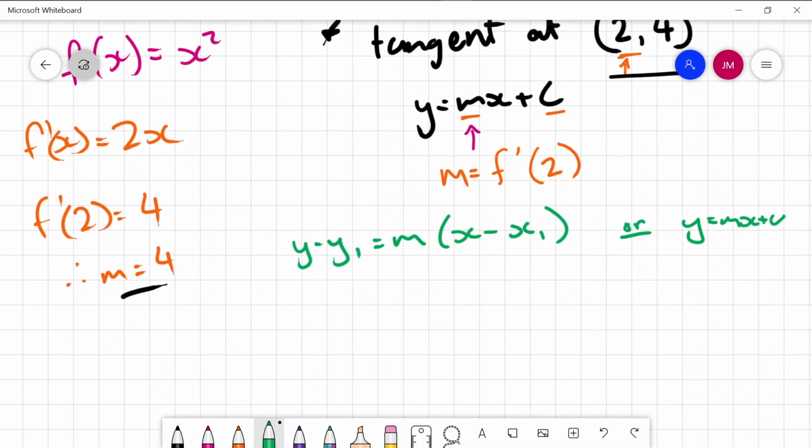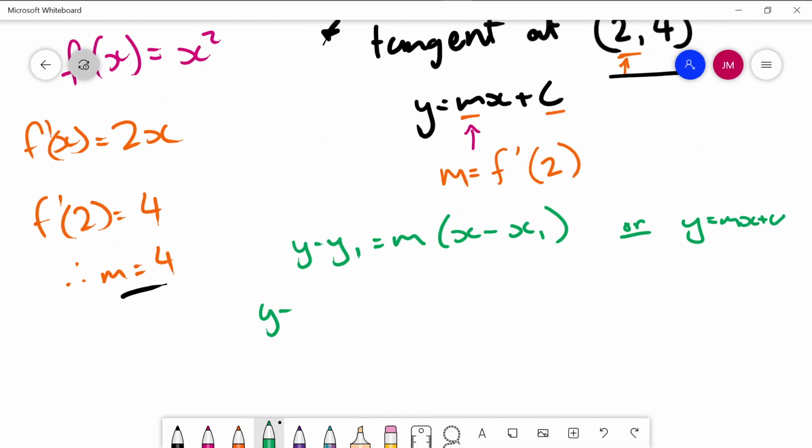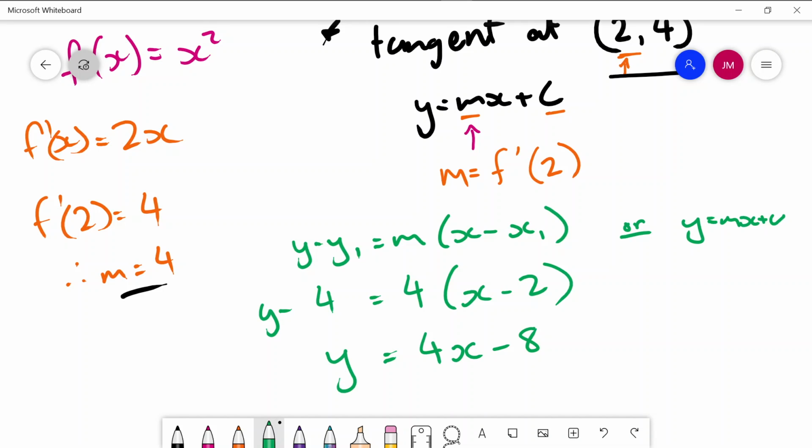So let's use the first one. y minus, we know the point 2, 4, so y value here is 4, m is also 4, as we found over here in our gradient, x minus 2. So then when we expand our brackets, 4x minus 8 equals y minus 4, so we add 4 to both sides. We get y equals 4x minus 4 will be the equation of the tangent.